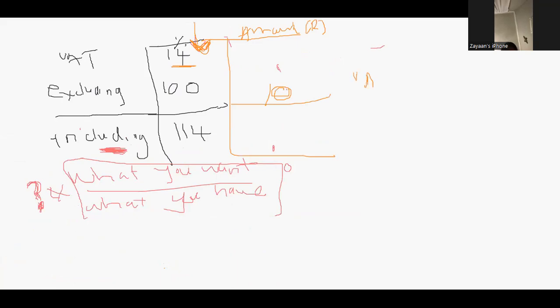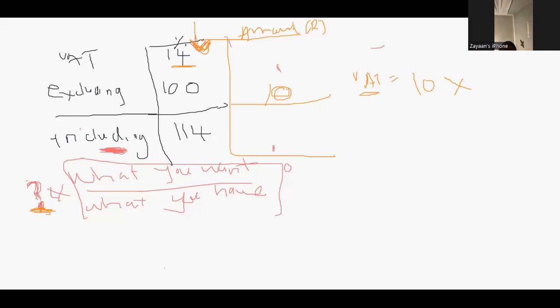So the VAT is equal to, this question mark here is the number that is given to us, which is the 10, right? So we take this 10 and multiply it by what you want. So what do we want? We want the VAT, right? So what percentage is VAT? Is it 14%, 100%, or 114%?